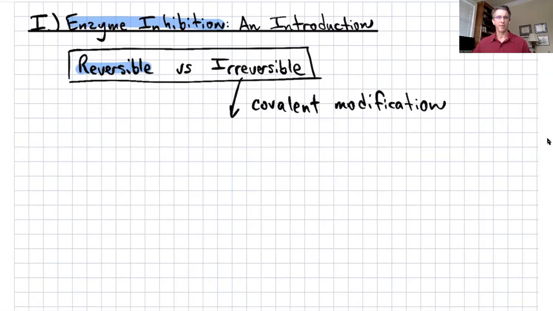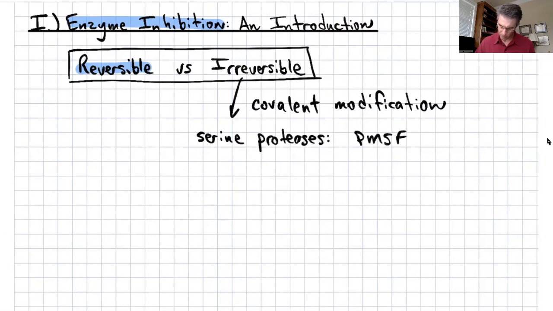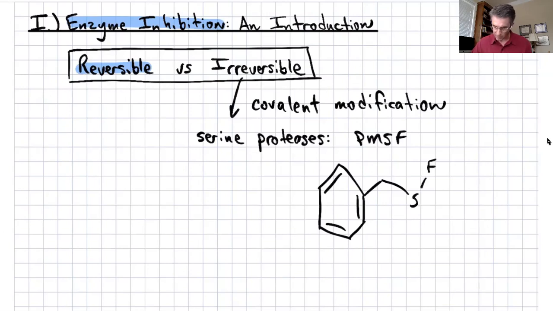And a classic example of that, of course, is the inhibition of serine proteases by molecules like phenylmethylsulfonyl fluoride, a molecule that looks like this. Anybody who's ever worked in a protein chemistry lab has come into contact with this particular molecule because it's such an incredibly useful molecule in terms of killing many serine proteases.